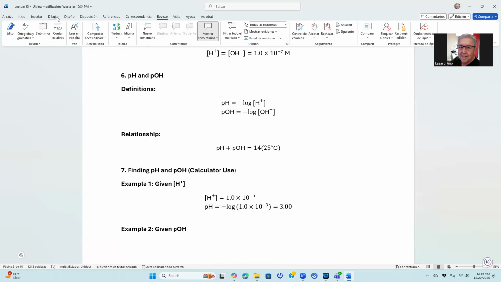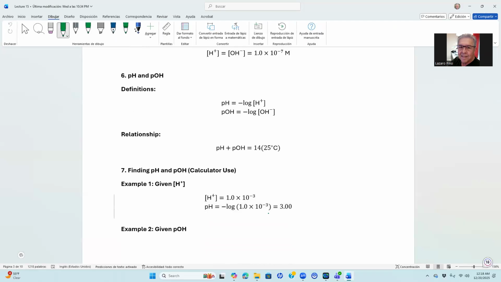Let me explain something that will help you. When you have a product like this, it is equal to minus log of 1 times 10 to the minus 3. Then how can we solve this?